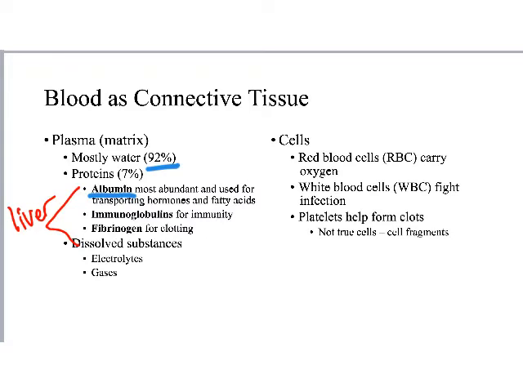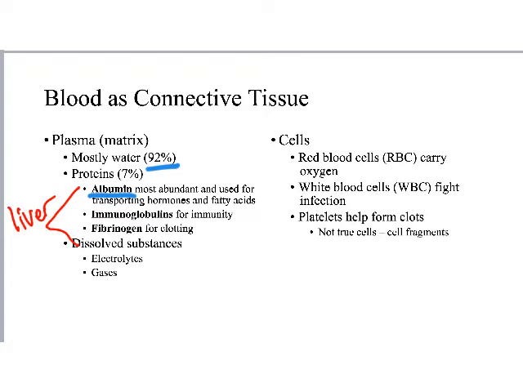So some hormones are carried by albumin, fatty acids are carried by albumin, otherwise they wouldn't be able to travel through the blood. Then there's immunoglobulins. These are proteins that our body uses to help with immunity, and fibrinogen, for example, for clotting. So there's a lot more proteins in there. This is just giving you a few examples, with albumin being the most abundant.